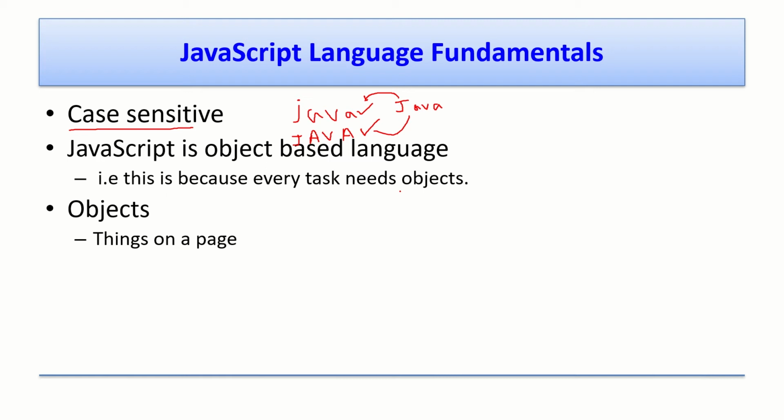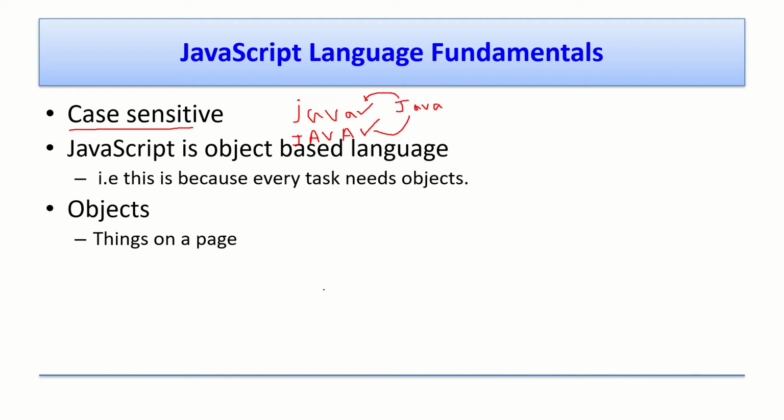For example, it may be a web form, or a table. It may be a button; a button is an object inside the web form. It may be an image. All those are the things on our web page, and those are considered as objects.